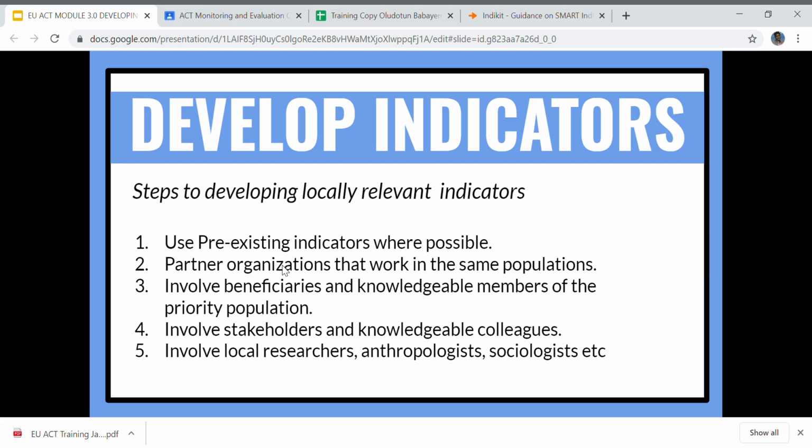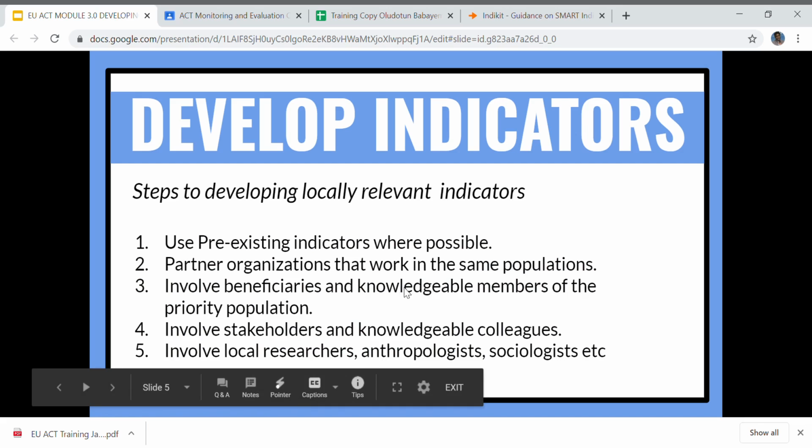In developing indicators, you might ask for the indicators they used for their program maybe 2 years ago, and they should be able to give you. You can also share with organizations that do the same thing, and that might be a way for you to create a partnership. So think about that.